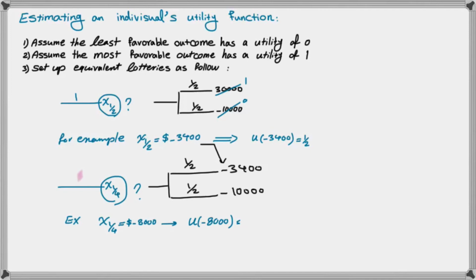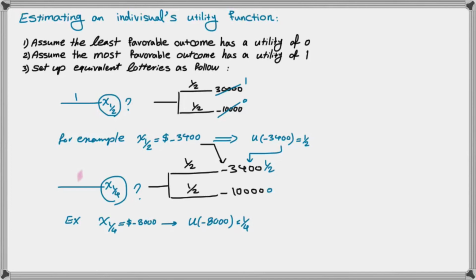So the utility of negative $8,000 is going to be 1/4, because in the previous step we showed that the utility of negative $3,400 is 1/2, and we also know the utility of negative $10,000 is 0. If we calculate the expected utility from this equivalent lottery, it's going to be 1/4.